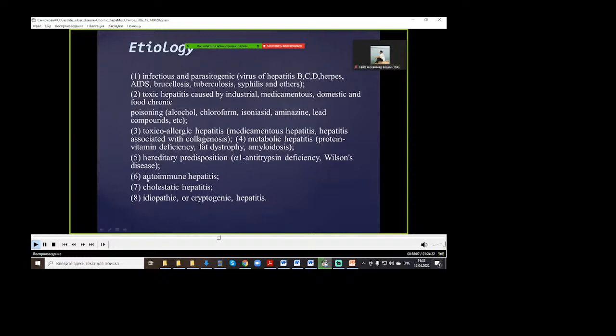Next type, autoimmune chronic hepatitis. Next type, cholestatic hepatitis, which develops in case of cholelithiasis, for example. And the last, idiopathic or cryptogenic hepatitis, without known etiology.